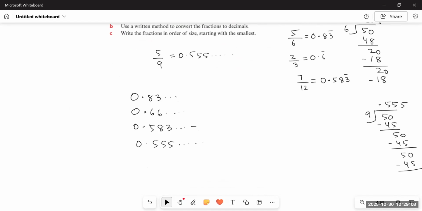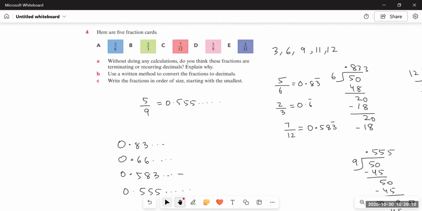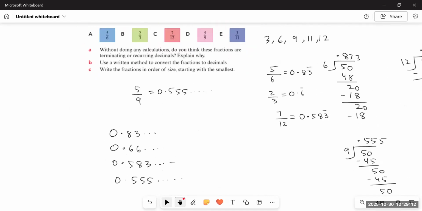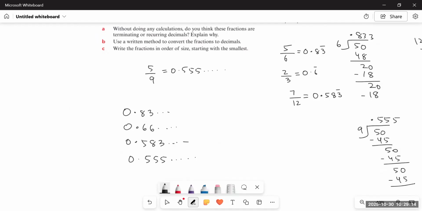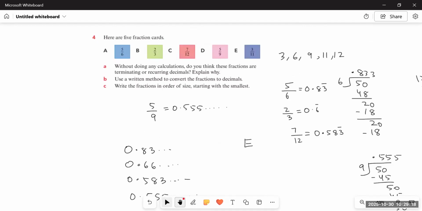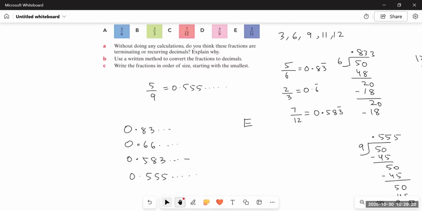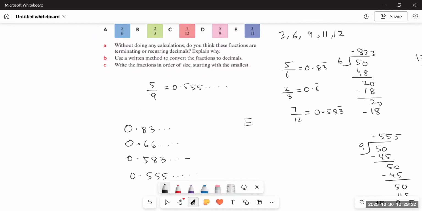So if we look at the numbers, E is the smallest one. That is 3 over 11 is the smallest one. Then the second one is 583 or 555. Of course, 555. So it's 5 over 9, part D, the second one.